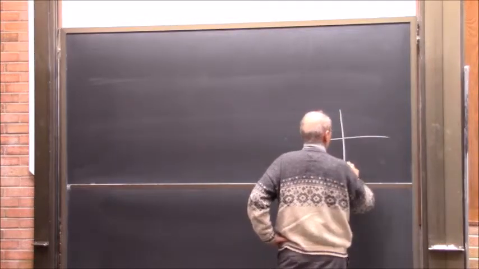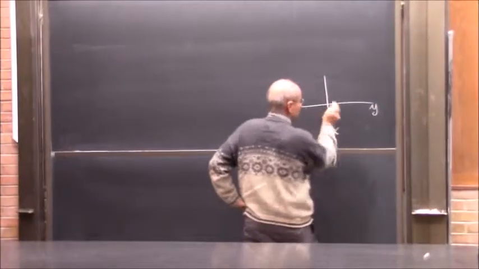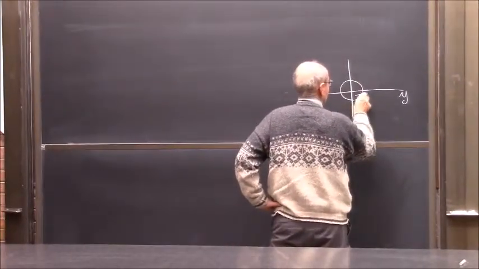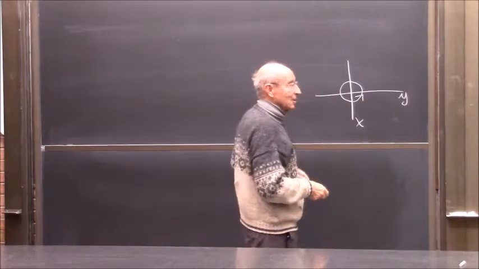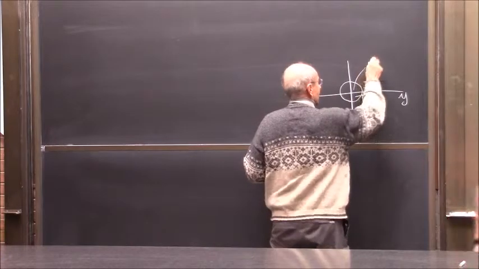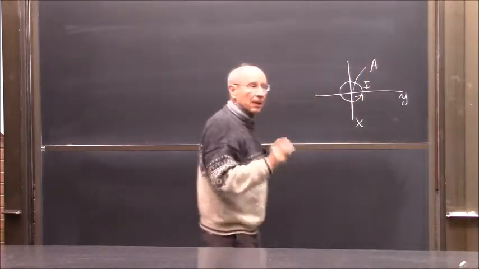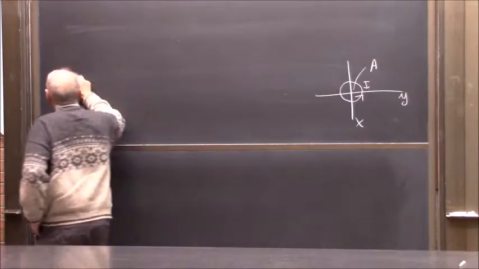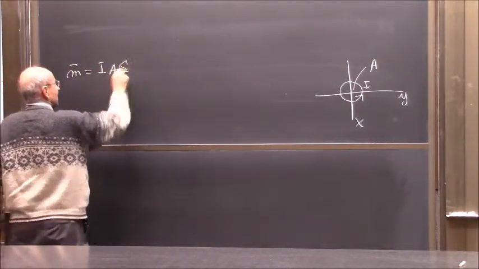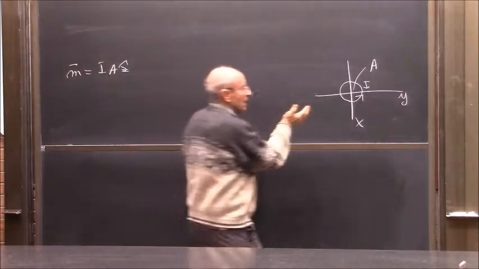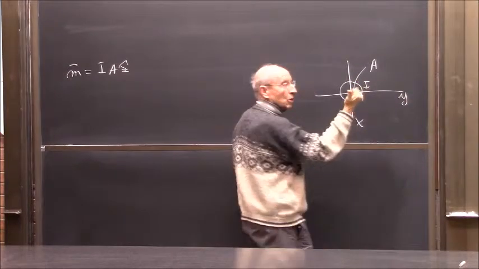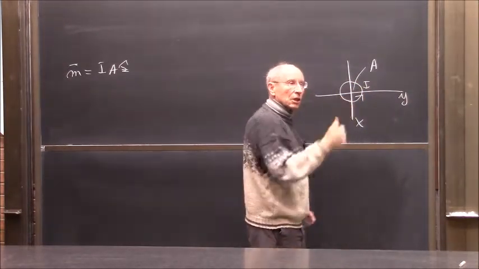In other words, if we had this situation, here's the xy plane, z-axis out of the board, and we had a little current loop flowing like that, great. So that this was a current I, and the area was A. Then, if you assign to that a magnetic dipole given by IA z hat, so that you curled your fingers in the direction the current was flowing, your thumb would point this way, which is the z direction.